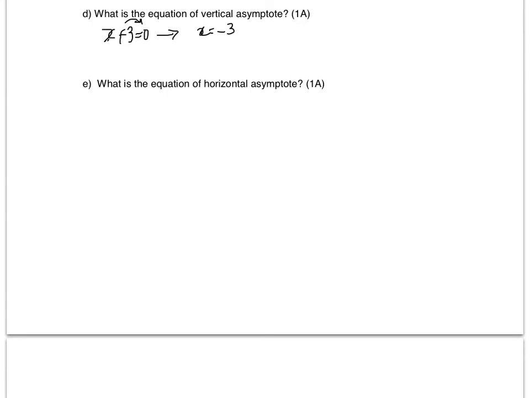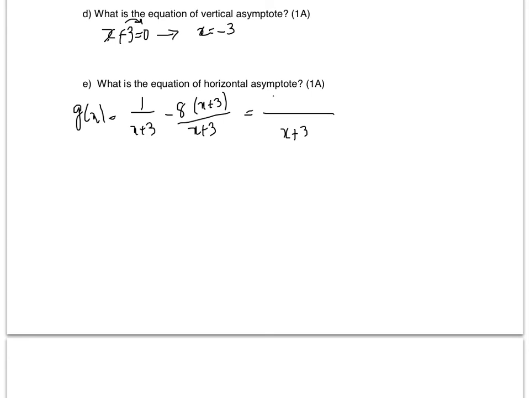Now, the equation is y is equal to, or g of x is equal to 1 over x plus 3 minus 8. This one, I can multiply this by x plus 3, divide by x plus 3, so I can find the common denominator, which is x plus 3.